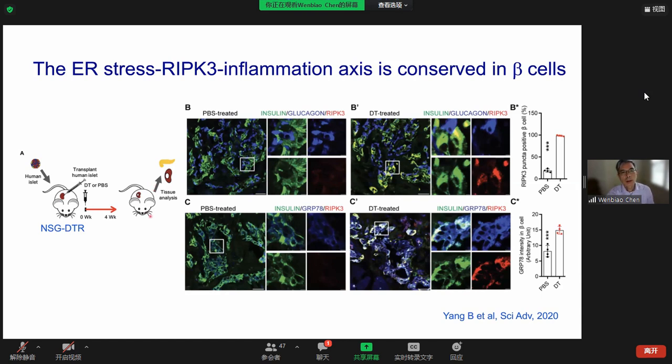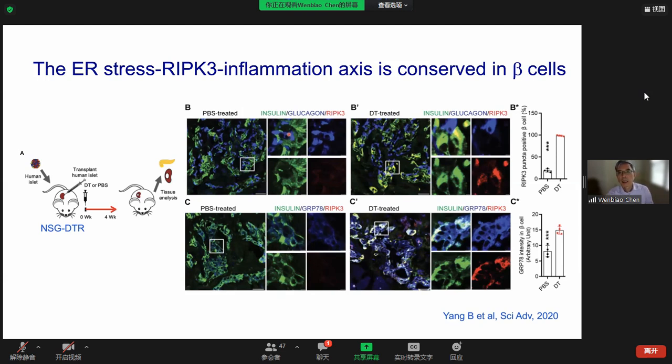So we took some of the kidney sections and studied whether we can see RIPK3 activation, activation of NF-kappa B, and also the induction of IL-1 beta.